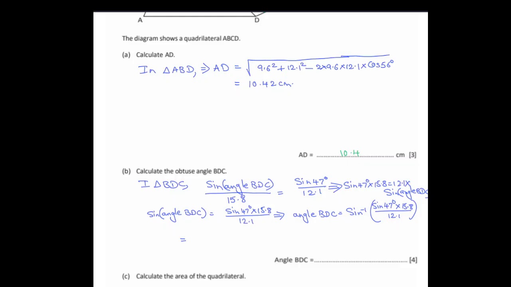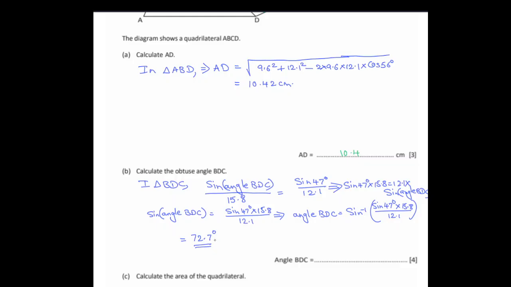Oh, sorry, 12.1. That gives 72.744. Now 72.744, we can take 72.7. Now this is not an obtuse angle, it's an acute angle.